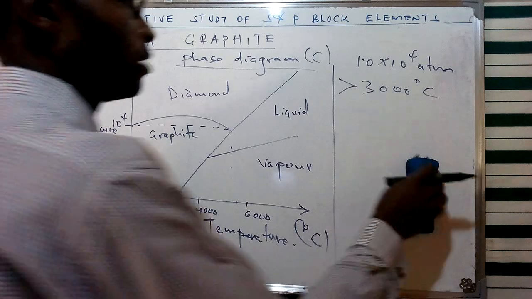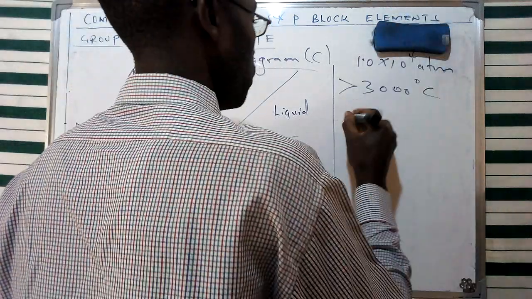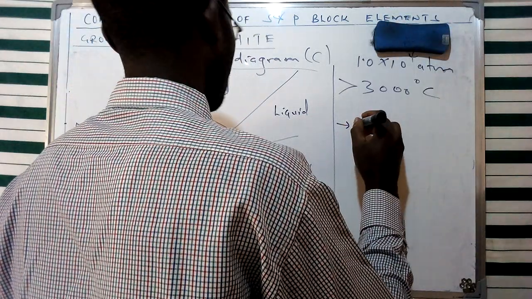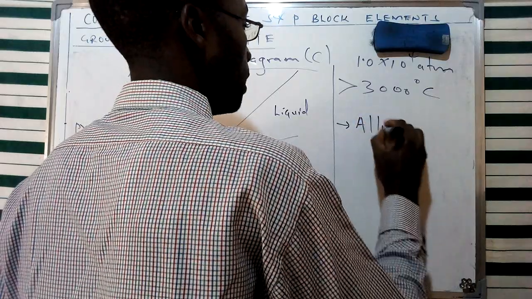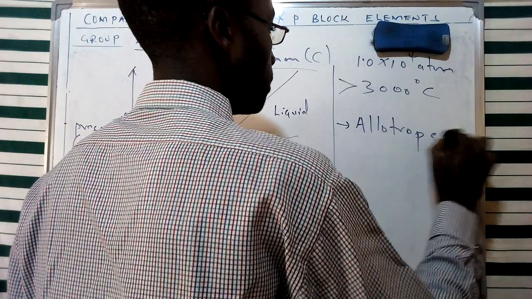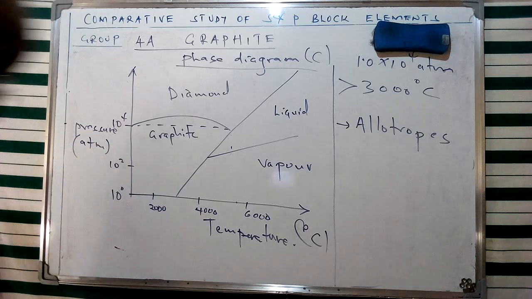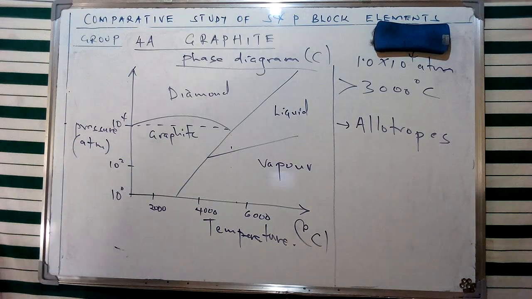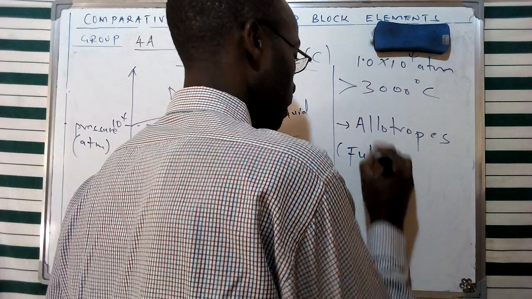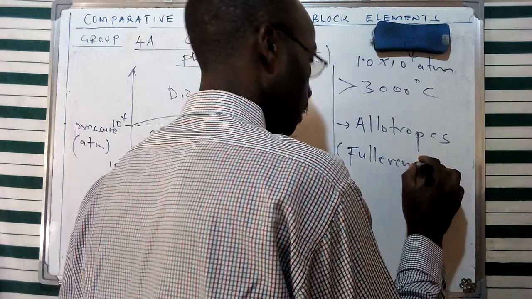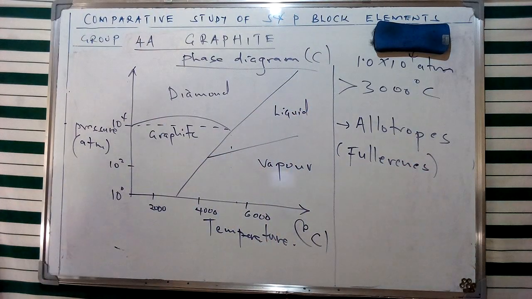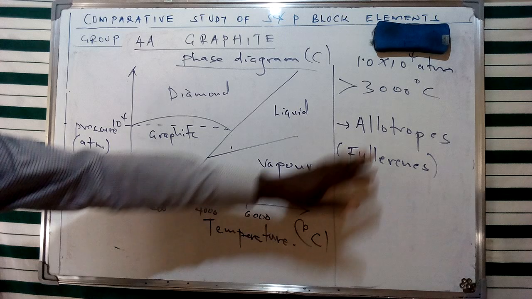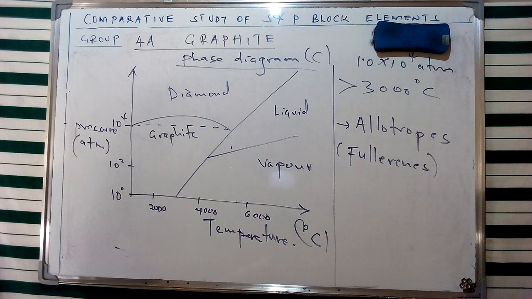Now in our various discussions, we're going to come across other allotropes. Now I mentioned the concept of isotopes, so we're going to come across other forms of carbon in terms of allotropes, and these are going to be referred to as fullerenes. So I hope my pronunciation is right. You can kindly confirm on this. So they are referred to as fullerenes, which are going to be allotropes of carbon.